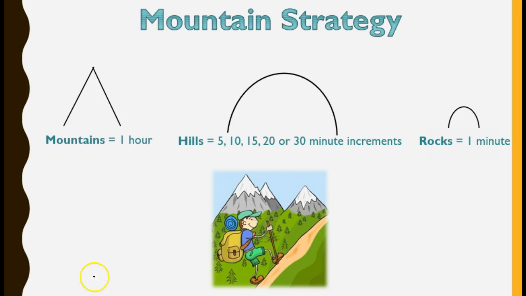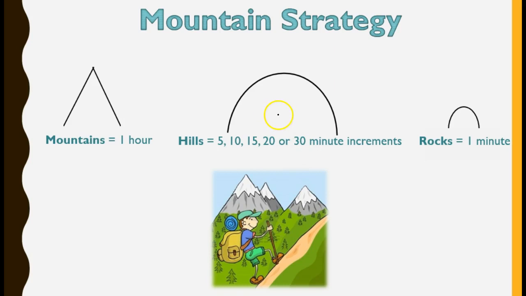So for the mountain strategy, we're going to be building a timeline, and we're going to pretend that we're traveling through time. And when we are creating 1 hour, we're going to make a mountain with a pointy top. When we are making hills, they're going to be curved and large, and you can choose what kind of minute increments that you use.